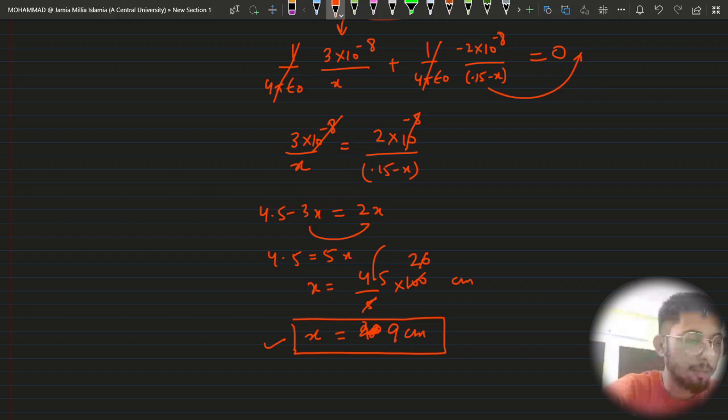Example 14, A and B are the two points. How much work is done in moving a test charge from point P to Q? This question is somewhat confusing, but it is very easy. There is nothing to worry about these coordinates. This is a minus q charge, this is a plus q charge, so they constitute a dipole, right?